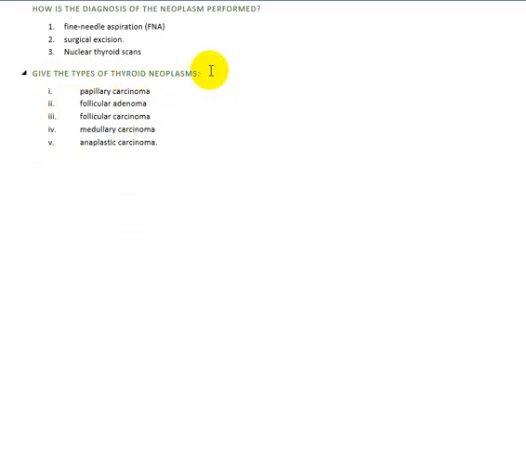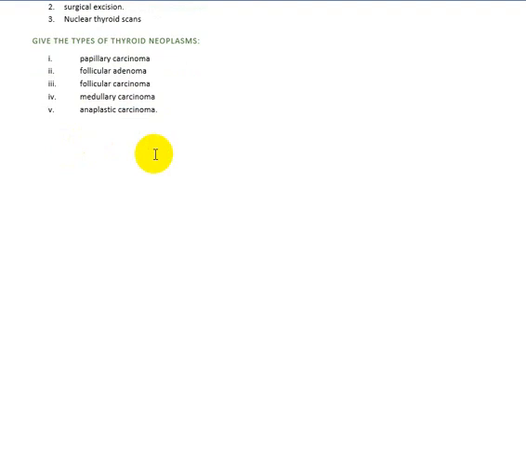Give types of thyroid neoplasm. The types that you are going to have: papillary carcinoma, which depends on the papillae of the thyroid gland. You have follicular adenoma, an adenoma being a tumor. You have follicular carcinoma, medullary carcinoma, and anaplastic carcinoma.